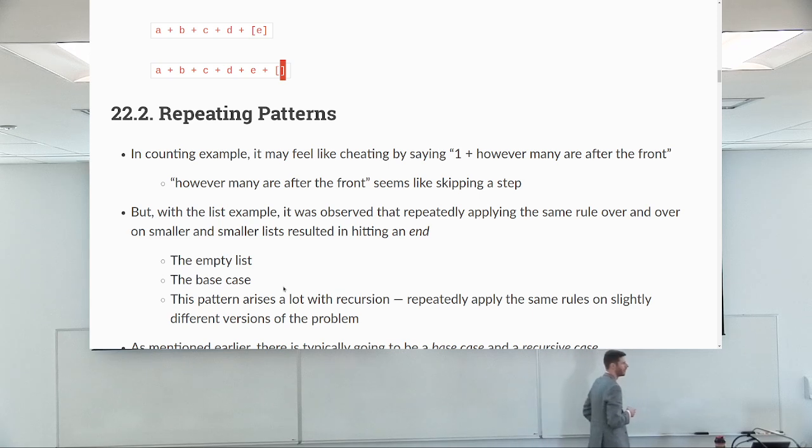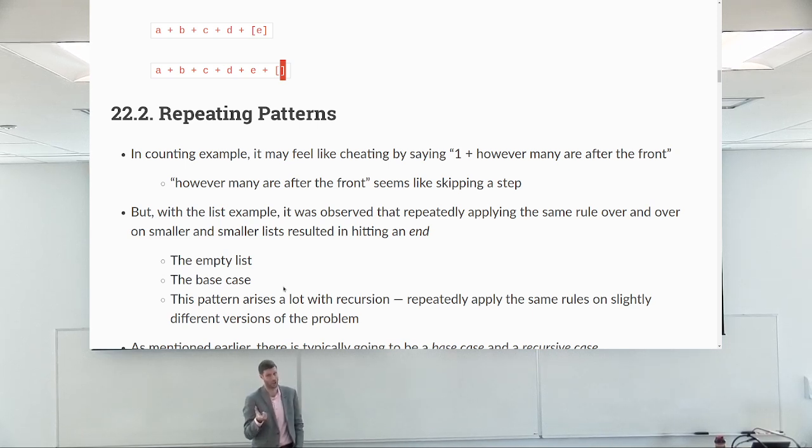Okay. In the counting example, it may feel like cheating by saying 1 plus however many things are after the front. However many things after the front seems like skipping a step, right? But it isn't, because we're going to answer that question. The 1 plus however many things after the front, that question is going to get answered.